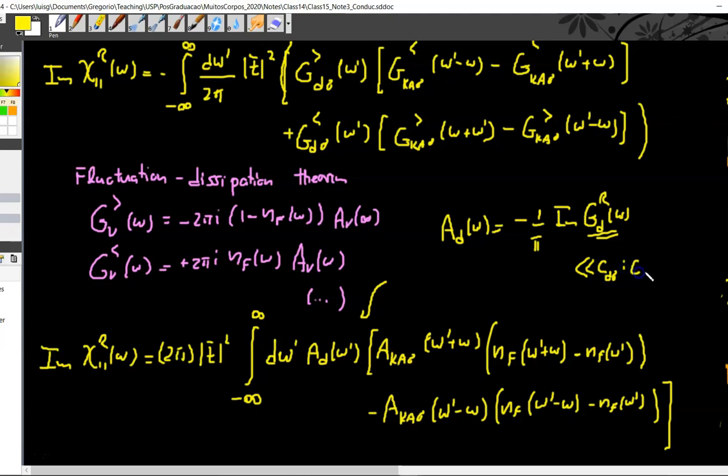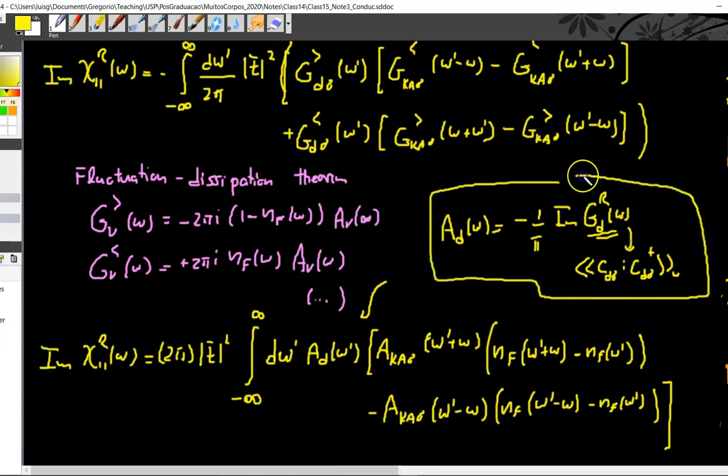So this is the Green function here. This is something that we know how to calculate, either using equations of motion or mean field. Next class we're going to see a more robust method to calculate the spectral function. So this is the spectral function.